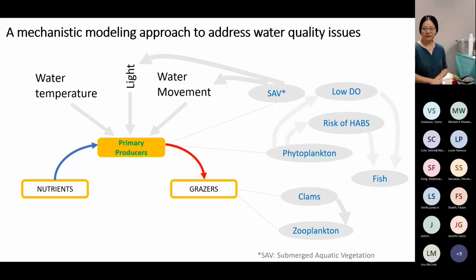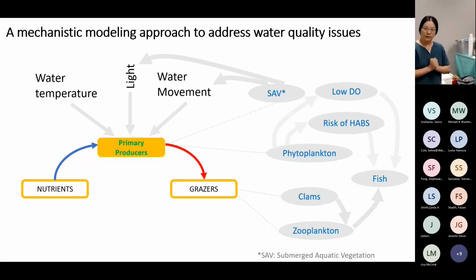The presence of clams can reduce the amount of zooplankton available, and therefore there is less fish food. That can result in less fish biomass in the system as well. Historically, it has been observed that the introduction of some of the invasive clams coincided with a sudden decline in phytoplankton and fish biomass.